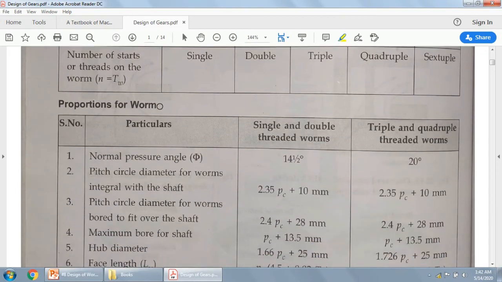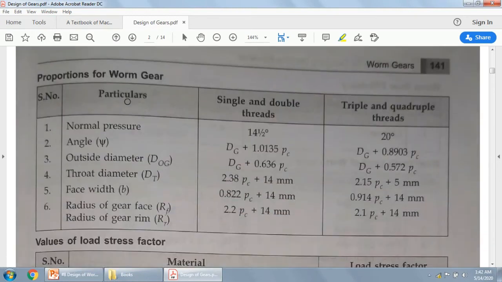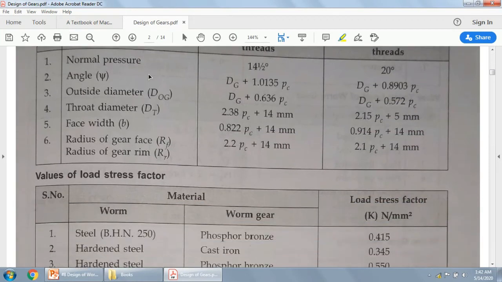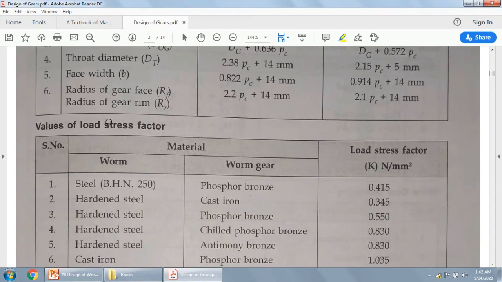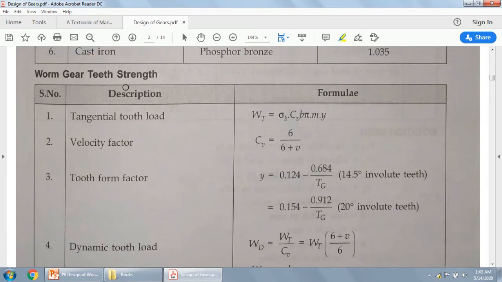This is the proportion for worm, and this is the proportion for the worm gear. Then various load stress factors we will cover in the next topic, worm gear teeth strength.